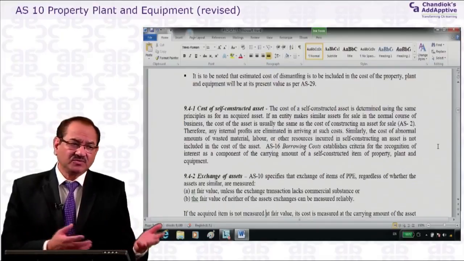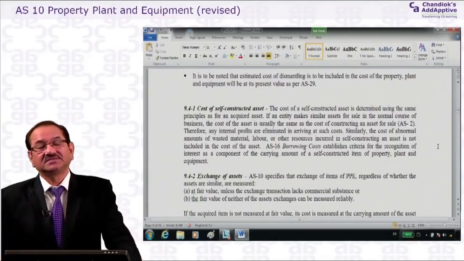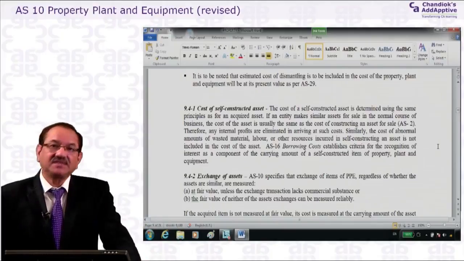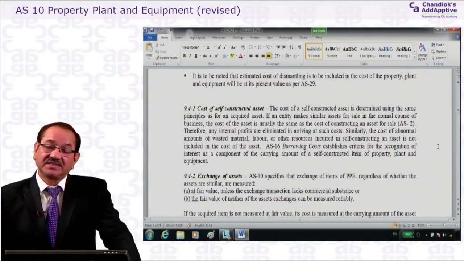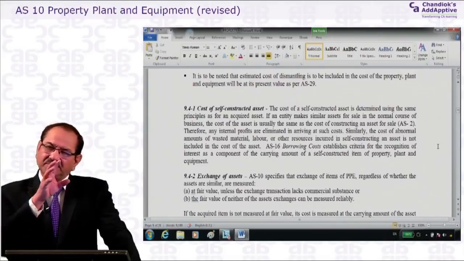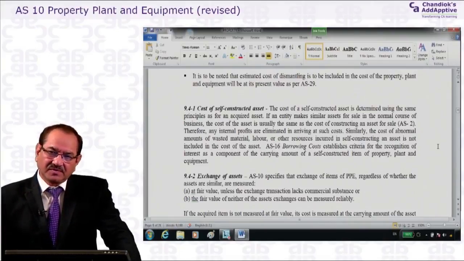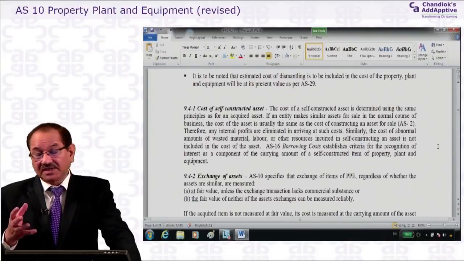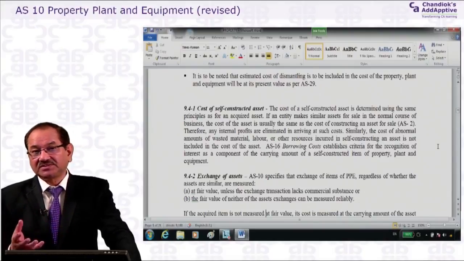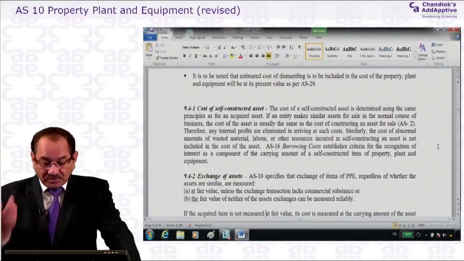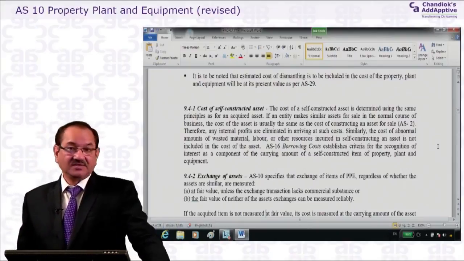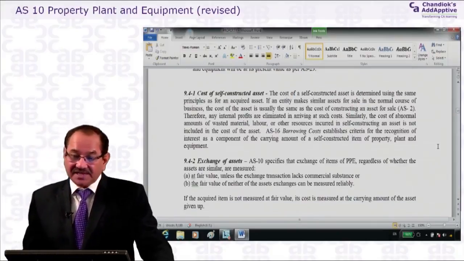It is the same as in the earlier standards. In the earlier standards, there were self-constructed assets and there was a certain principle in that. Maybe 60% was the same, but there is a little bit of difference now here. And what will that difference be? It may not be the same in some cases.